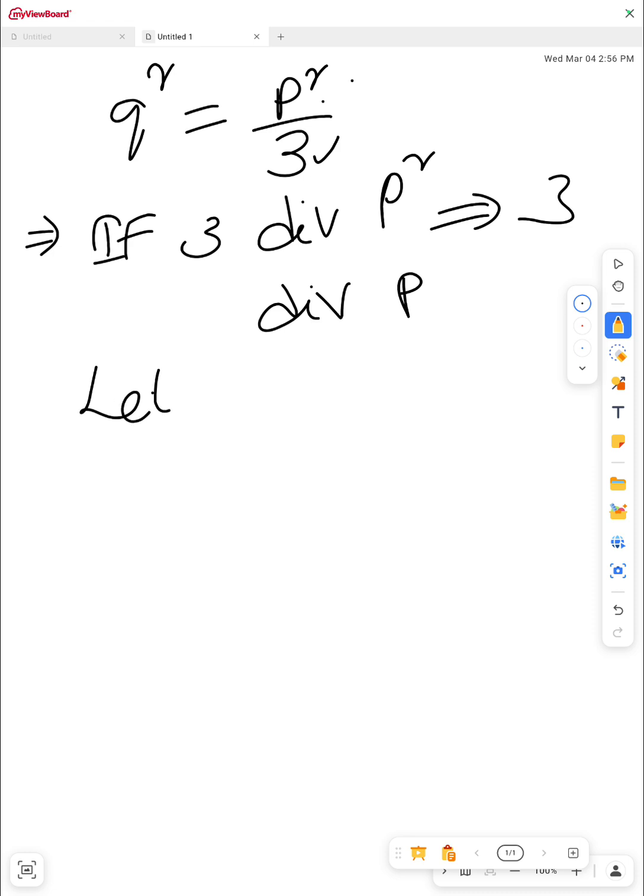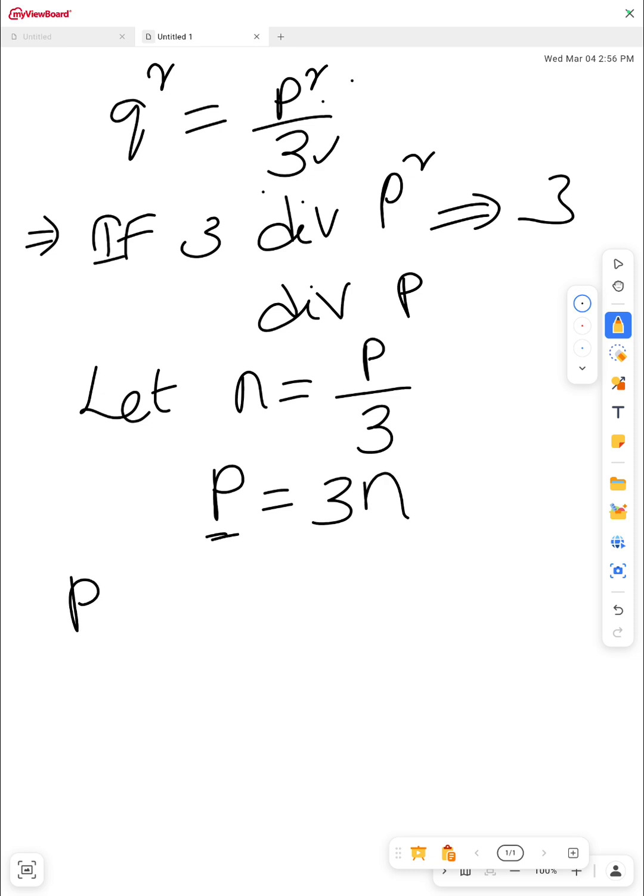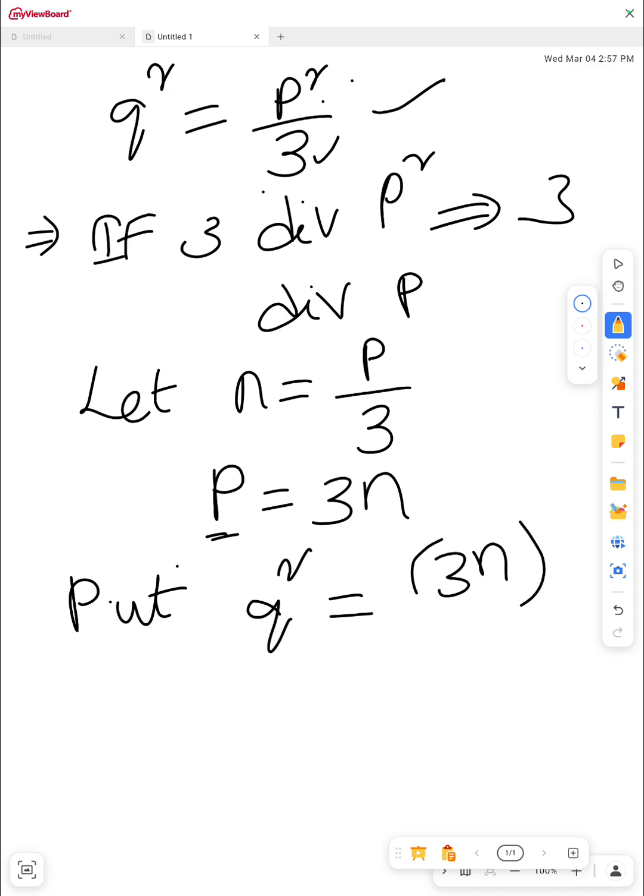Okay, let n be equal to p by 3. If n is equal to p by 3, then what is the p value? p is 3n. Put this p value in this equation: q square is equal to (3n) whole square divided by 3.